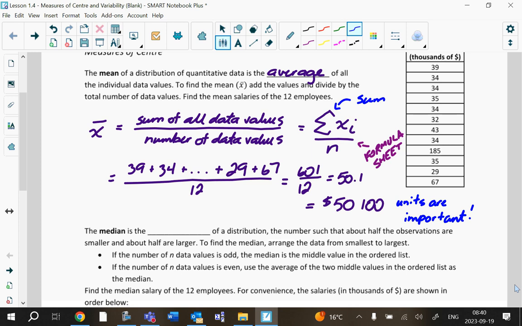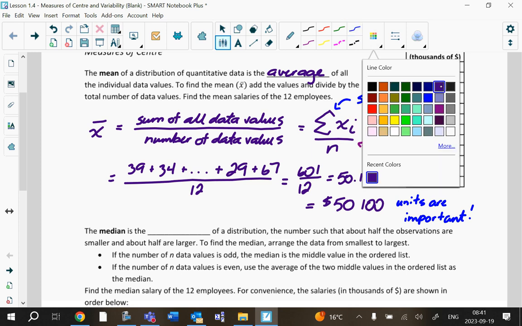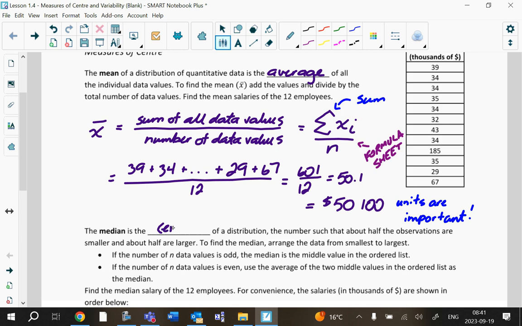What's median? Well, median basically represents the center of a distribution. So to find the median, we need all the numbers in ascending order, smallest to largest. Actually, it would work largest to smallest too, but normally we just do smallest to largest. Then we have to find the middle number of the data and see what value that is.